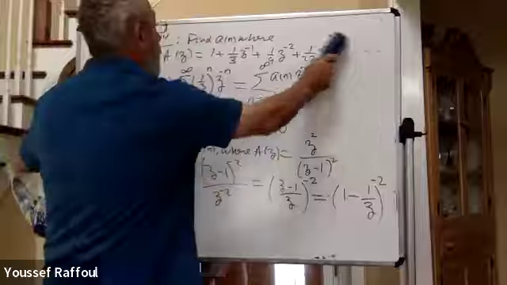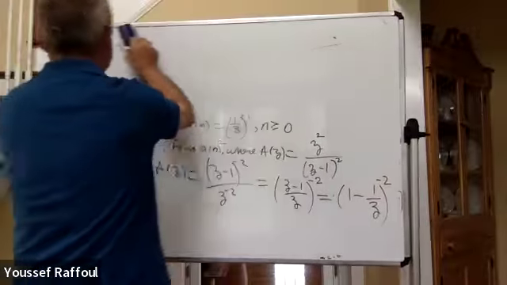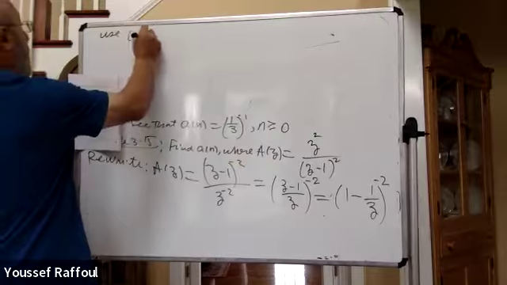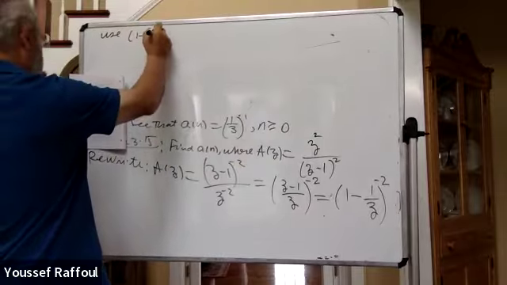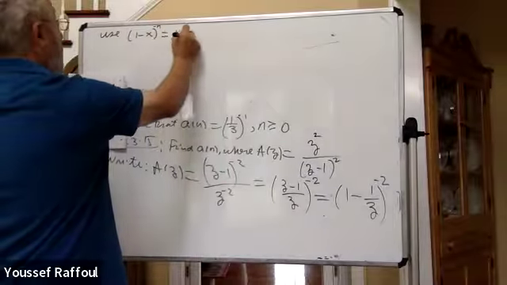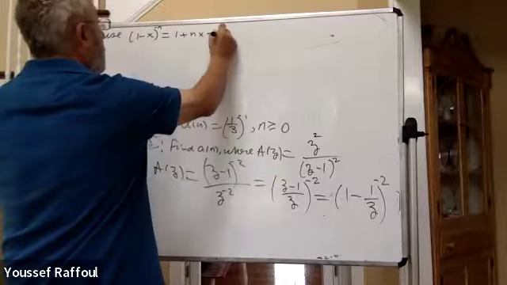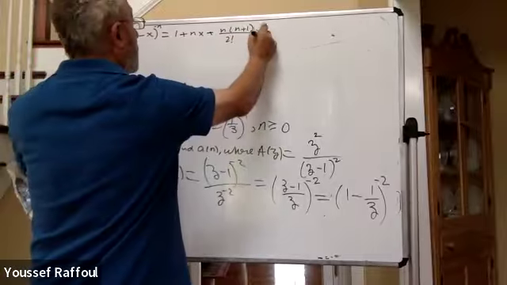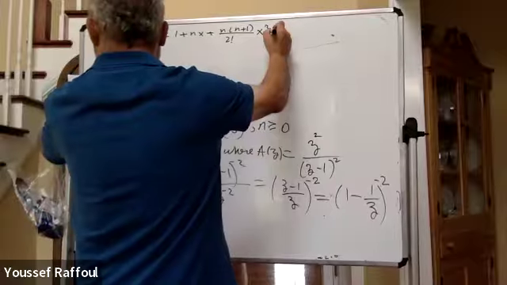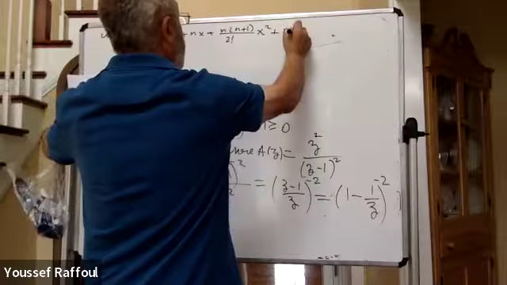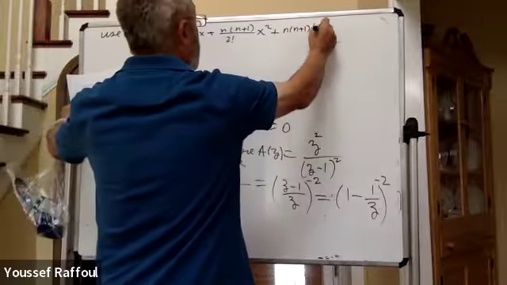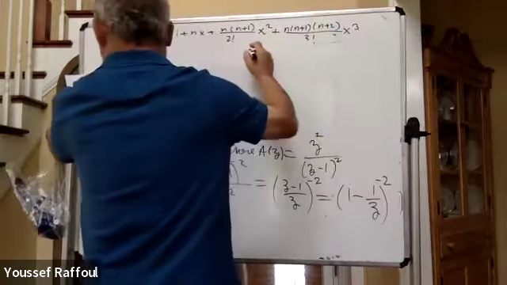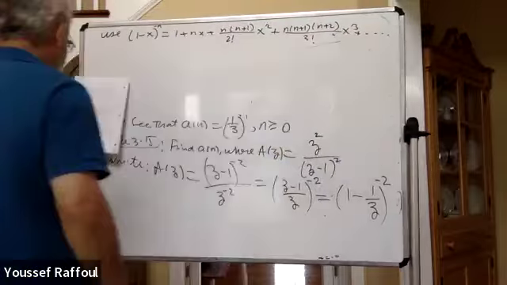We're going to use some form of the binomial theorem. So we're going to use 1 minus x to the power minus n as 1 plus nx plus n(n plus 1) over 2 factorial x squared plus n(n plus 1)(n plus 2) over 3 factorial x cubed and so on.